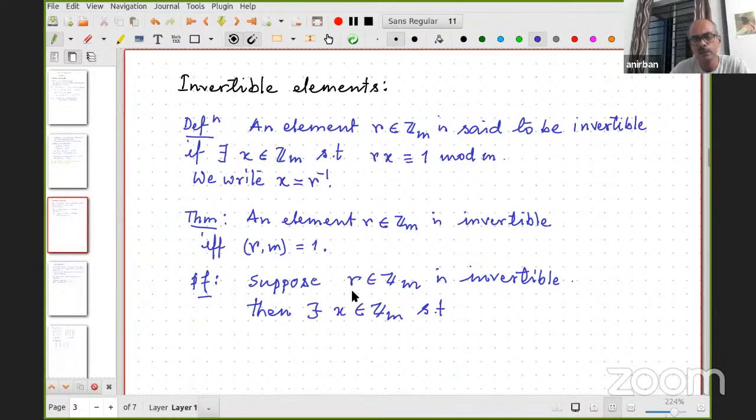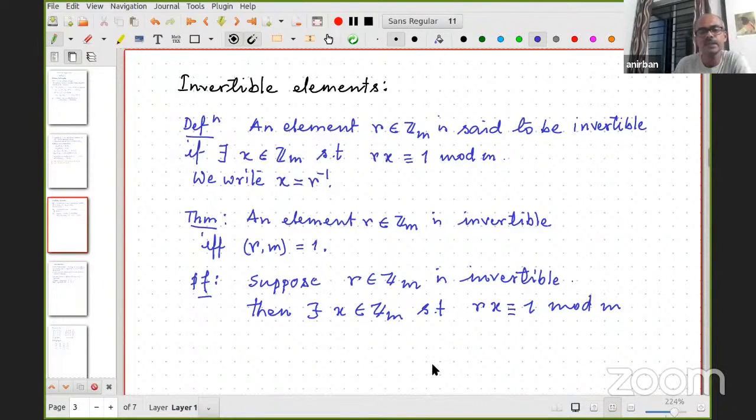There is no harm in doing that, because any representative will give you the same thing modulo m. So there exists an x such that rx is congruent to 1 mod m.